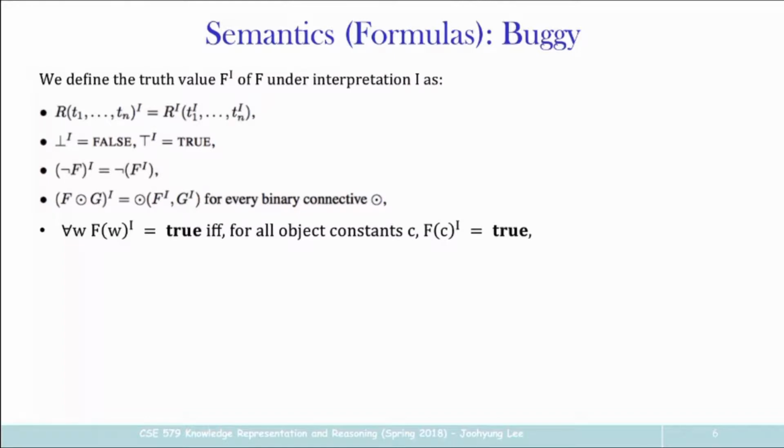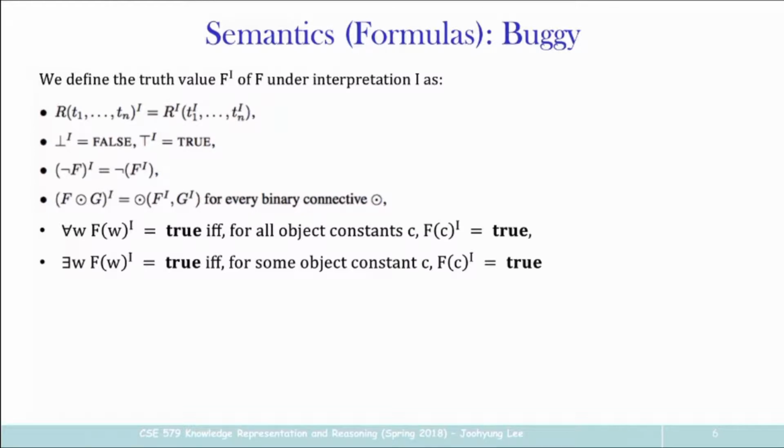Basically, to say that for all w, f of w is true means that for all object constants, when you plug in the object constant, this formula always evaluates to true. Similarly, for existential quantification, if you can find at least one object constant c such that the evaluation of f c under I is true, then we can say this existential sentence is true.